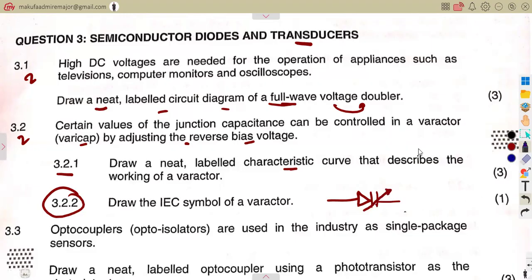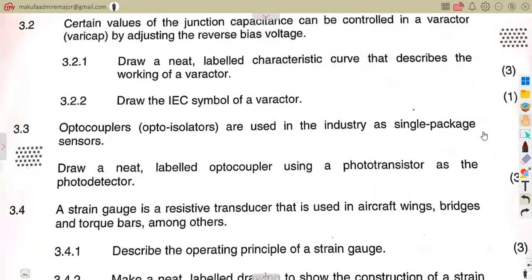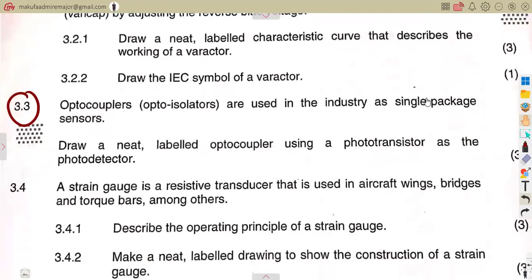All right, so that is a varactor, or you can have it this way. Remember, you can have your diode, a normal diode like this, then you indicate the symbol of a capacitor down like this. So still, it's fine. Okay, but you must draw neat diagrams, guys. You must have neat diagrams.